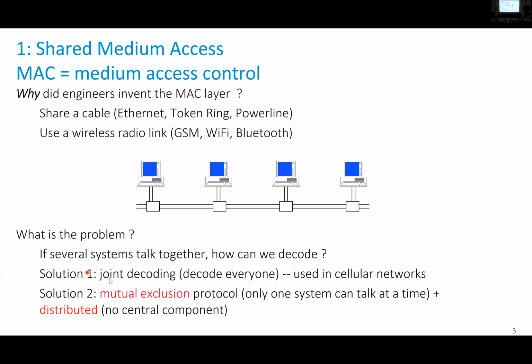Today, we know better solutions that are used in cellular networks, that are joint decoding, that allow multiple systems to speak together if the volumes are not too large. For example, if two of you in the back of the room speak in Serbian to each other, perhaps this will not interfere with my French-tainted English, and you will be able to understand both conversations.